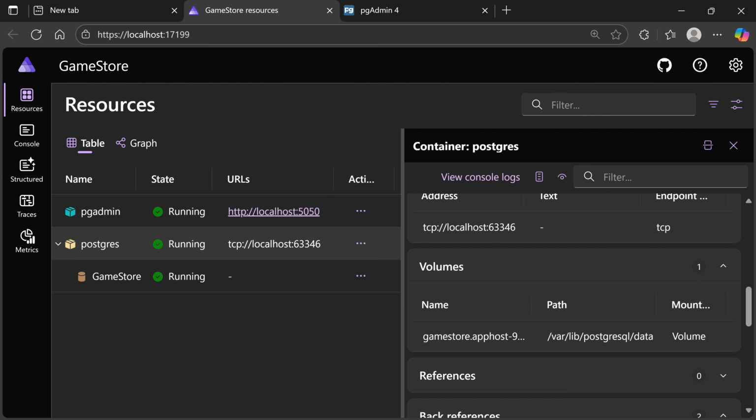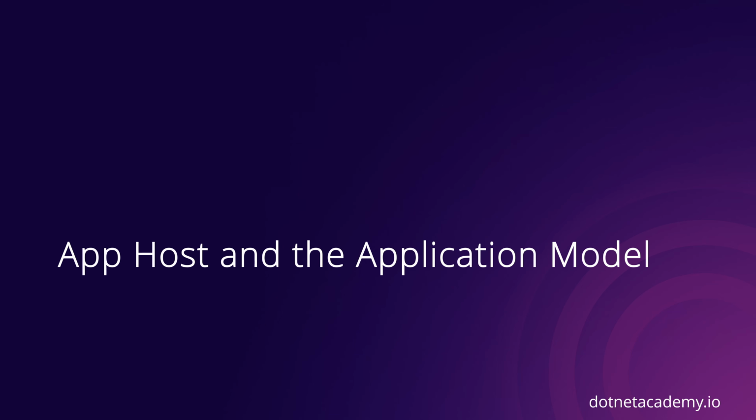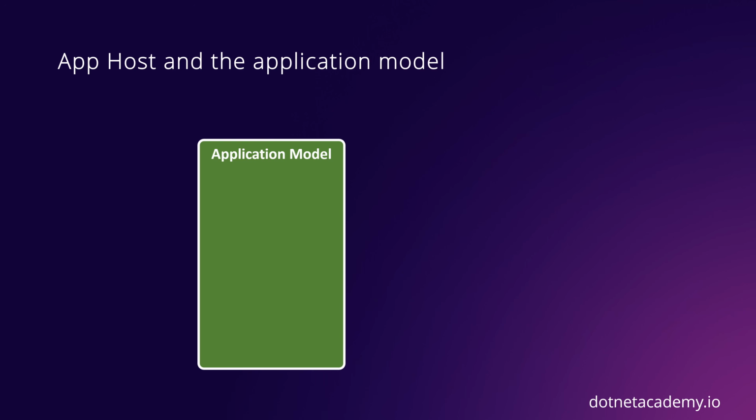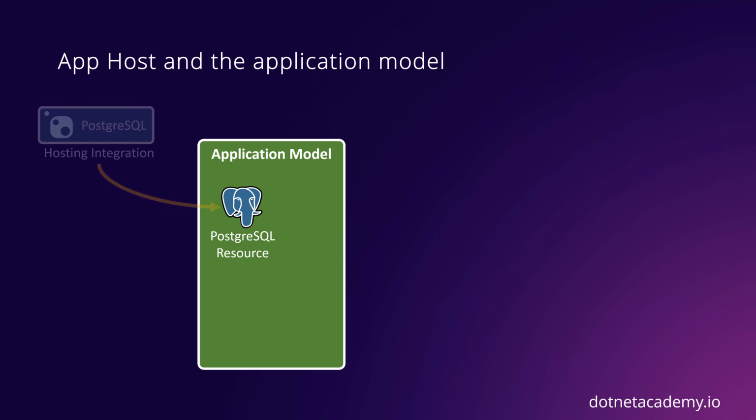Now, before we bring in our actual API ASP.NET Core application into our application model, let's understand a little bit better what the AppHost and the application model are. In .NET Aspire, the application model is the blueprint that defines all the building blocks of your system as a collection of resources. We just introduced our first resource, a PostgreSQL resource, into our application model, and we did it by installing the PostgreSQL hosting integration, a NuGet package designed to provision PostgreSQL as a container.